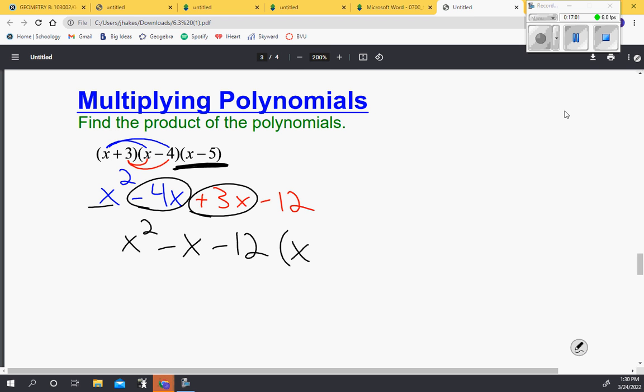So that is still being multiplied by this. Now we have this multiplication problem. I start with the x squared. Multiply it inside that parentheses. X squared times x is x cubed. X squared times negative 5 is negative 5x.